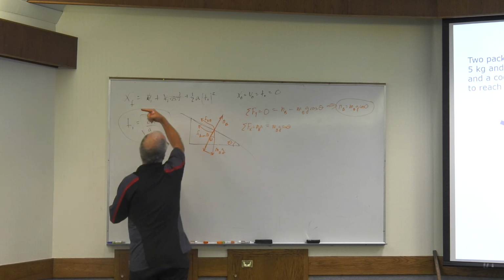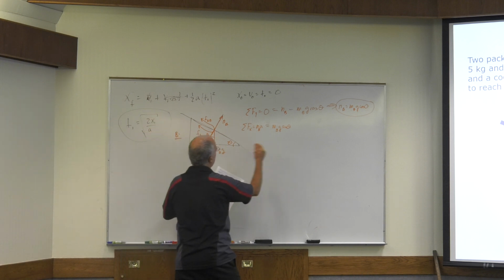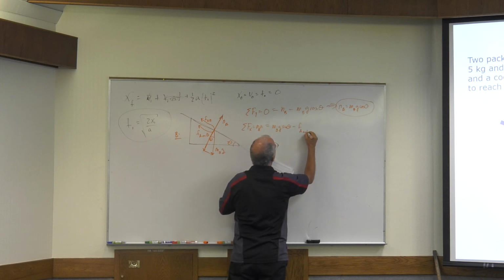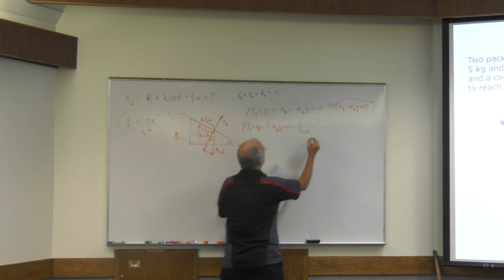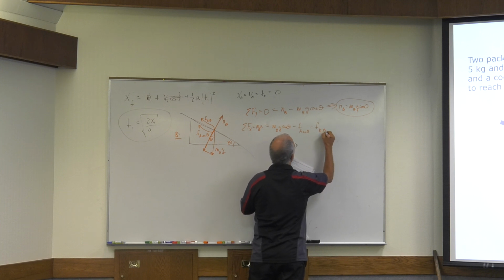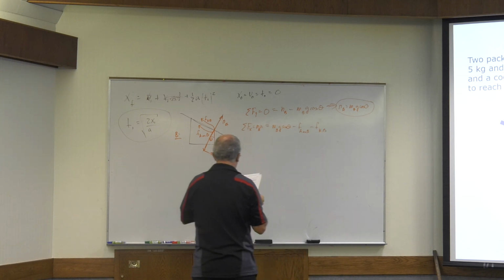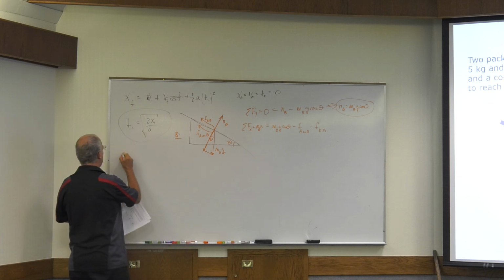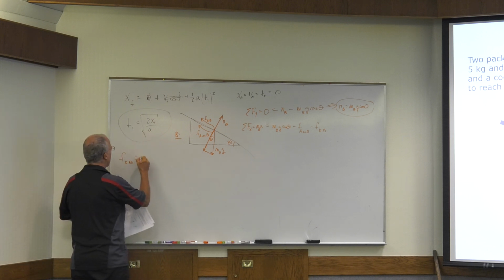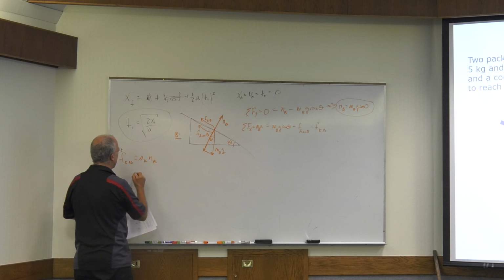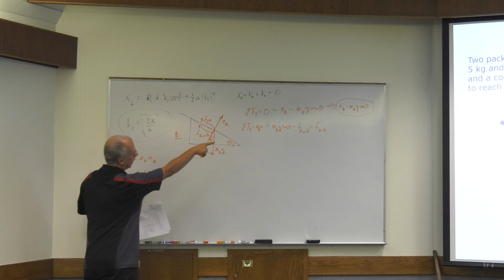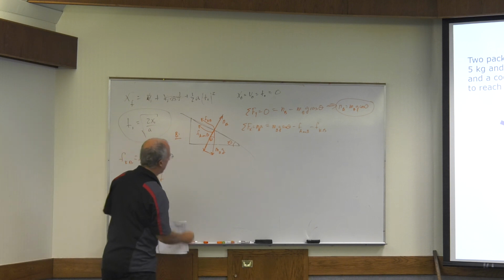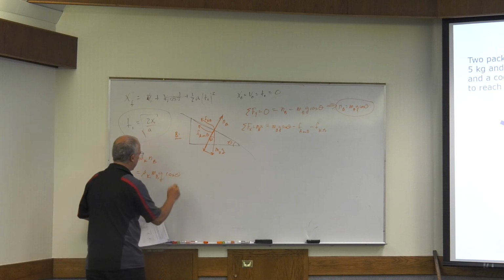Then we have both of those other things, so minus F_A on B and minus f_kB. Now, what's f_kB? f_kB is mu_k N_B, which is mu_k m_B g cos theta.